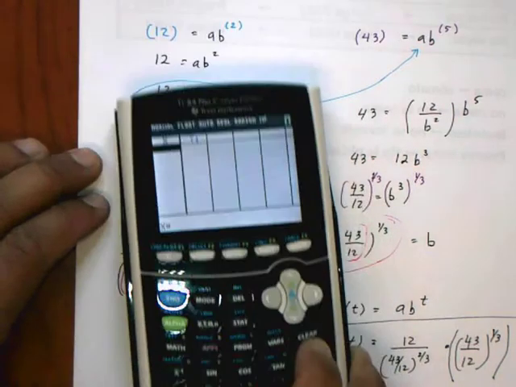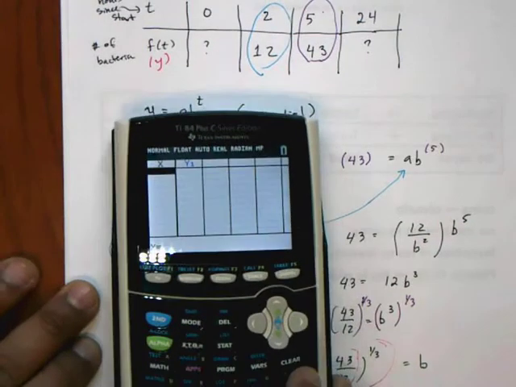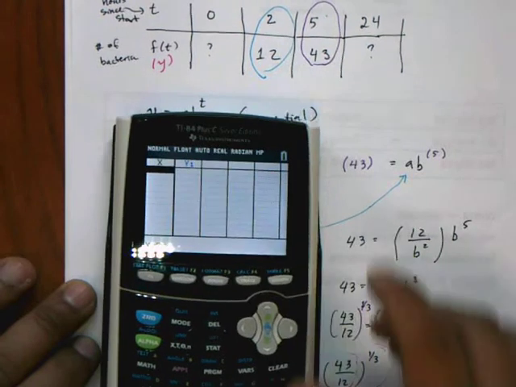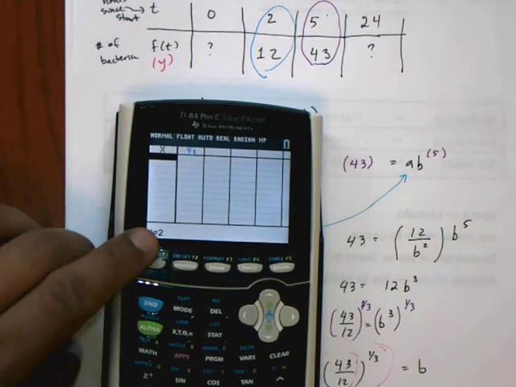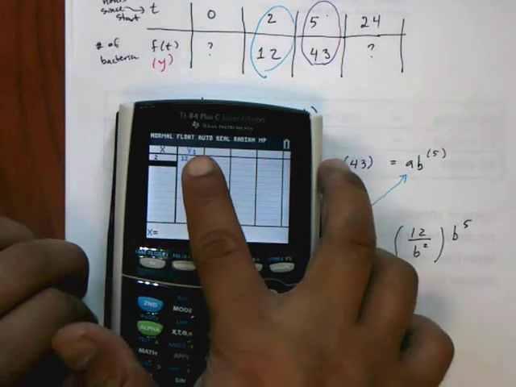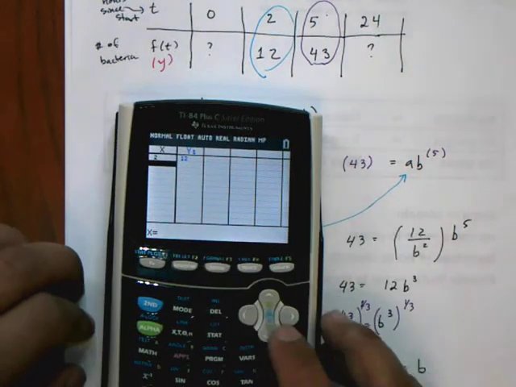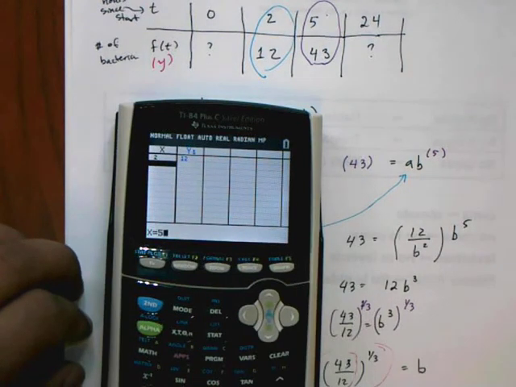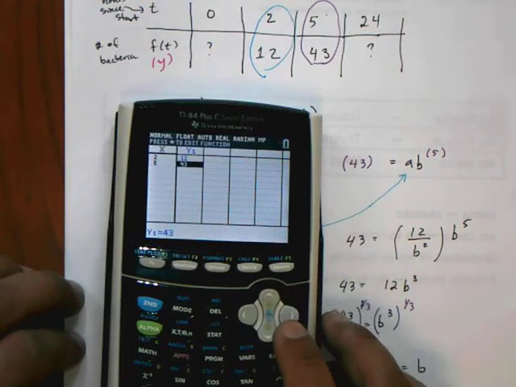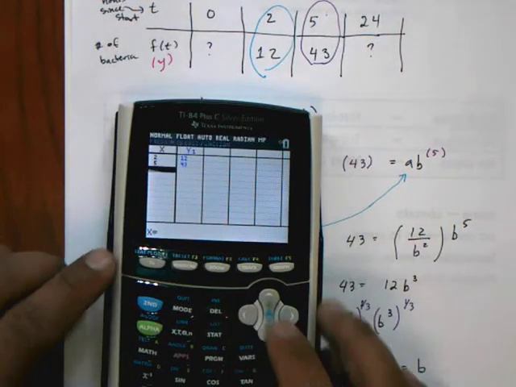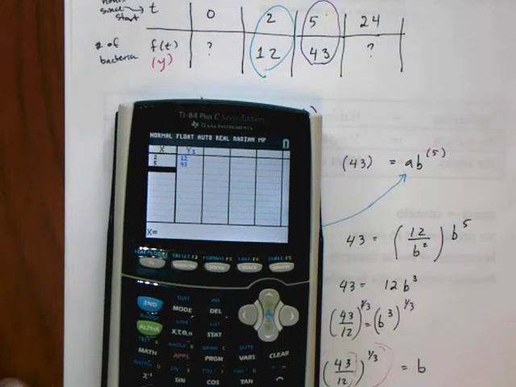But as a way to check, if I type in 2 for X, I should get 12 for Y. Let's make sure that's true. If I type in 2 for X, I do get 12 for Y. Hopefully you see that on the video there. It is true. If I type in 5 for X, I should get 43 for Y. You can see that.